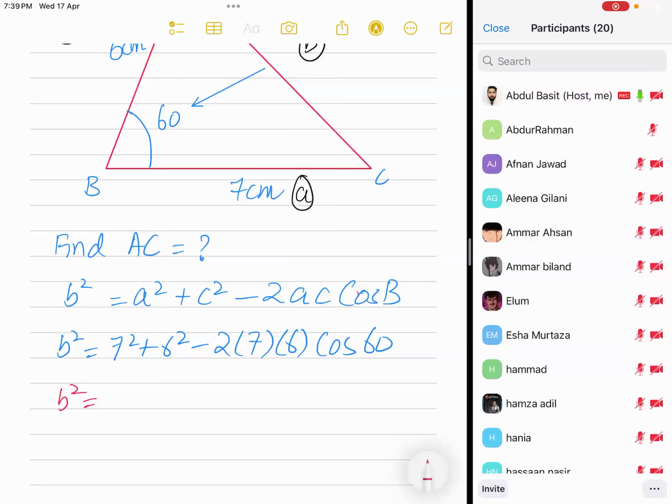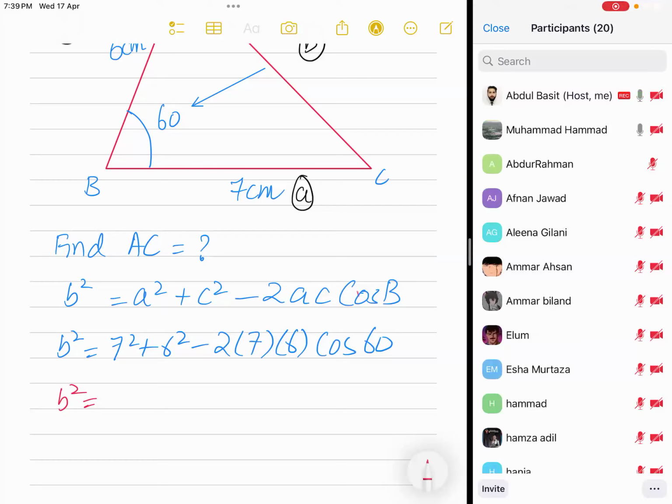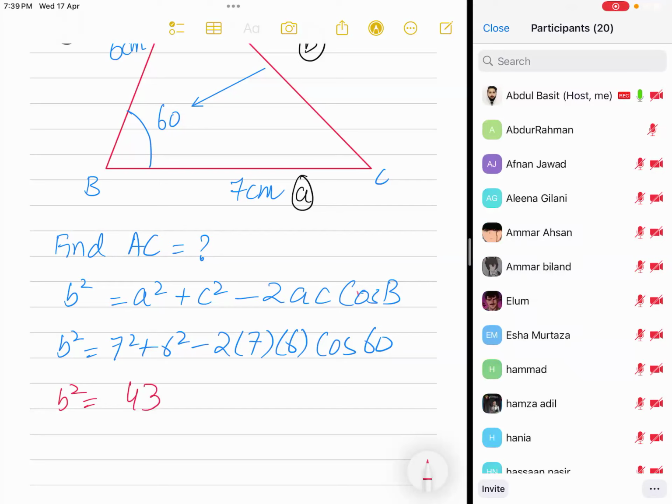Tell me what is the answer for the right side. Hurry up, everybody. 43. Now take square root on both sides. Take square root of the answer.